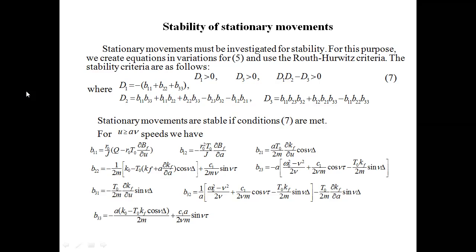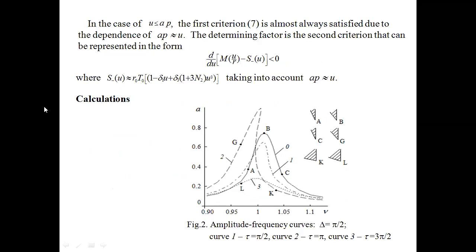For u greater than or equal to AV, we have the next relations. In the case of u less than or equal to AP, the first criterion 7 is almost always satisfied due to the dependence AP approximately equal to u.